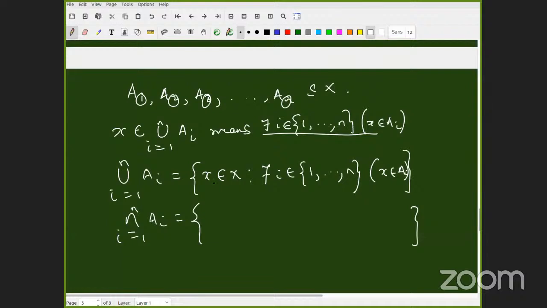Yeah, Jayashree. Quick, Jayashree. Set of x belongs to X such that for all I belongs to 1 to N, x belongs to AI. Very good. Okay. I'll stop with this.